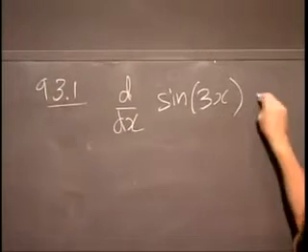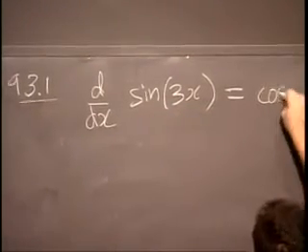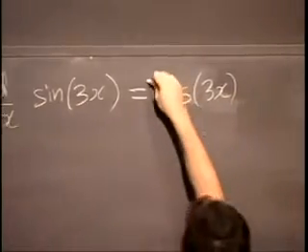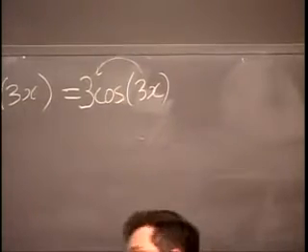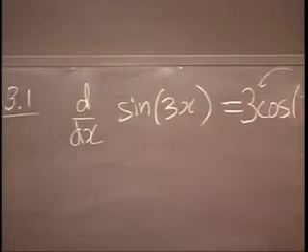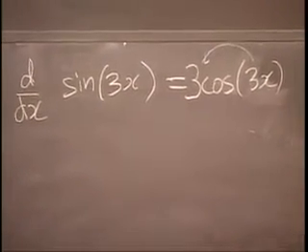So the derivative of sine x would have been cosine x. So of course, that's going to be true, but I need to multiply by the 3. Again, if it makes you more comfortable, you can let u equal 3x and then use the chain rule in gory detail, but that's kind of a waste of time at this point.